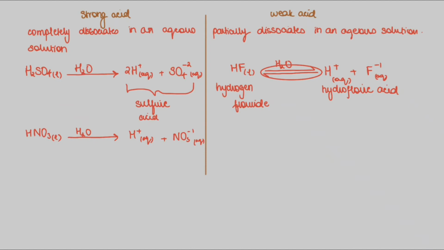When a weak acid dissociates, it gives H positive ion as well as another anion. However, the anion and the H positive ion are simultaneously reacting back and forming hydrogen fluoride. Alright? So I hope this makes things very clear in your mind.